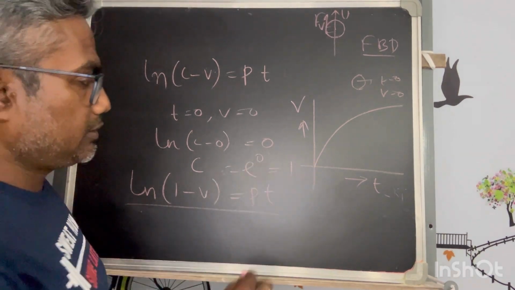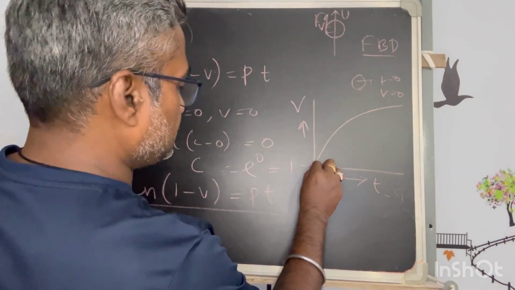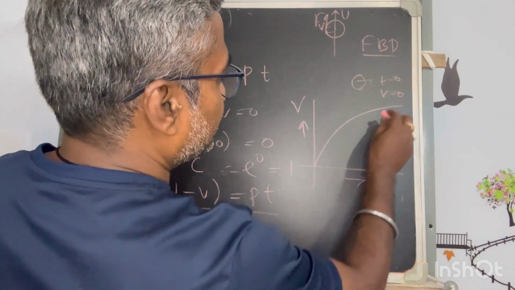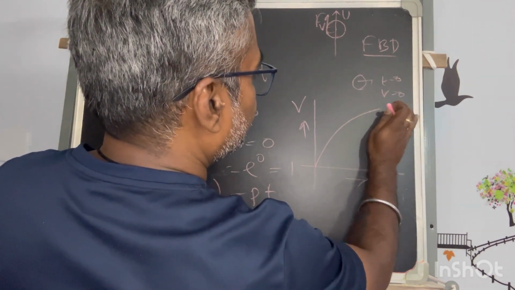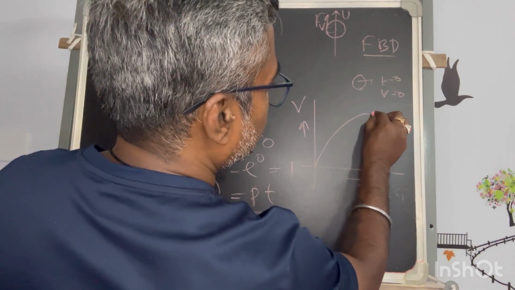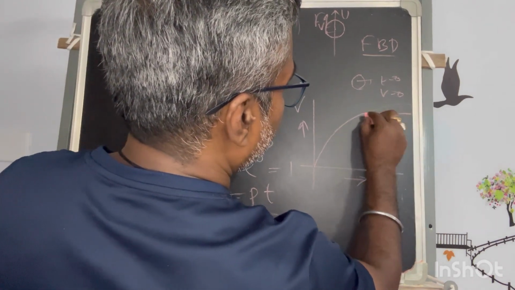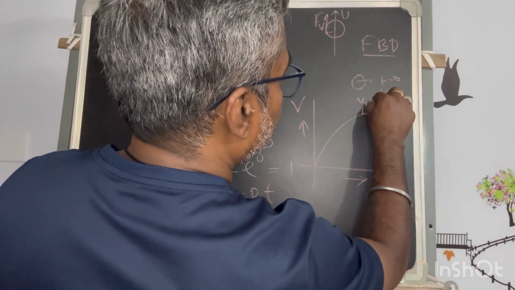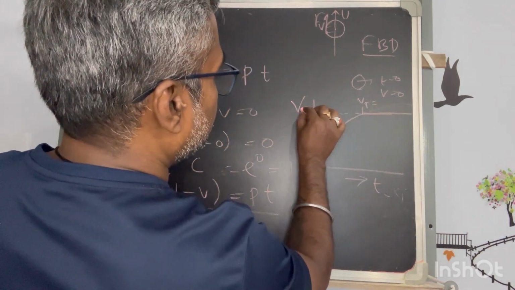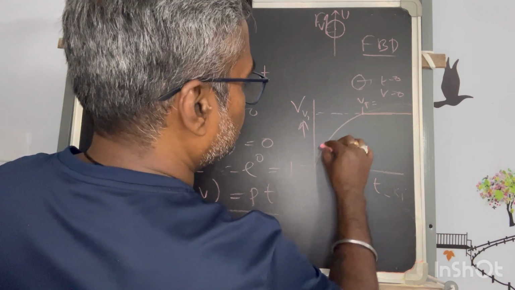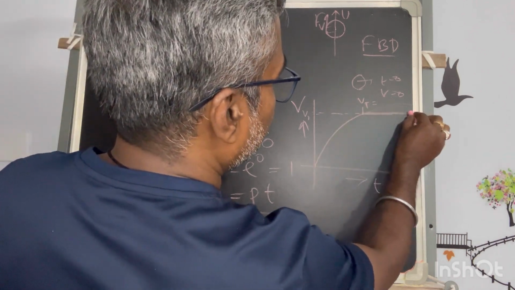So I will only consider starting from 0, it will move like that and it will attain some velocity here, then after it will move constant. Okay, it will attain some velocity, this is your terminal velocity. So it will move initially like that and then after it will be constant.